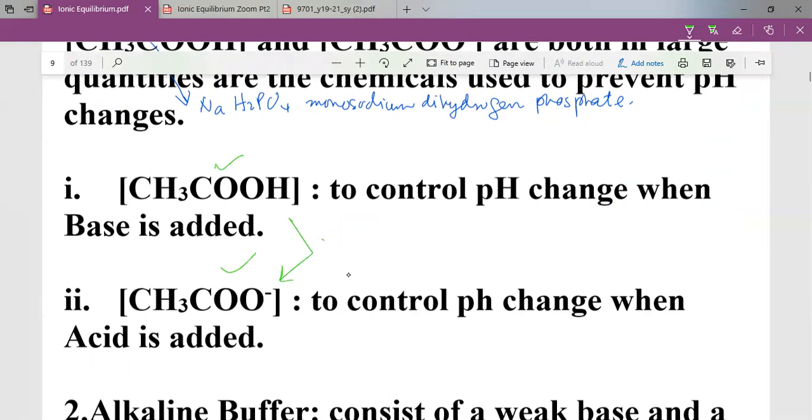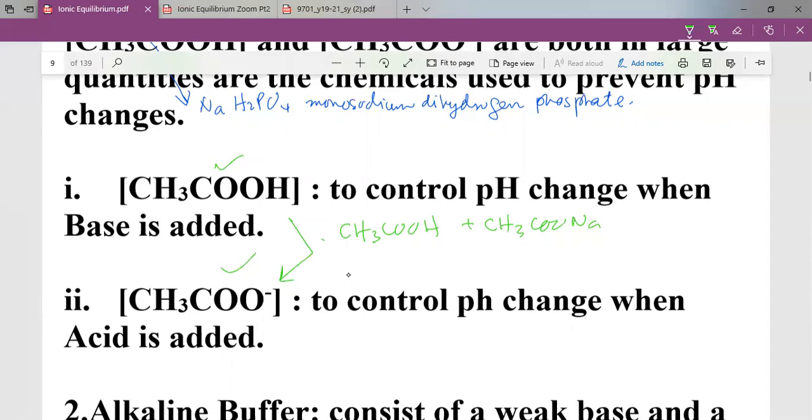The buffer solution will contain the weak acid, normally at about the same concentration or a bit more, and of course the sodium salt. Normally sodium, they don't use potassium, but even potassium can work, because it is a spectator ion.